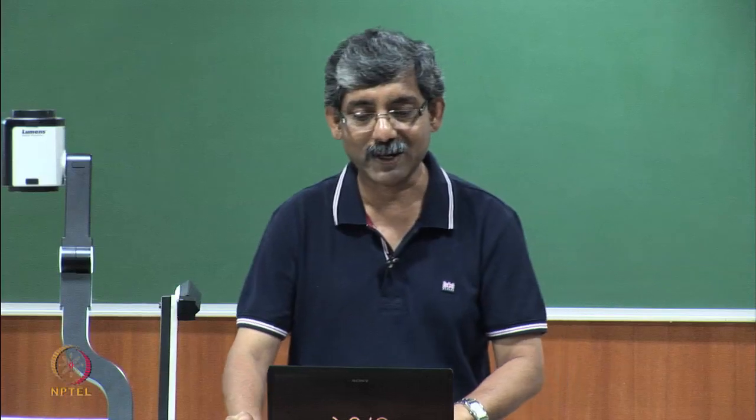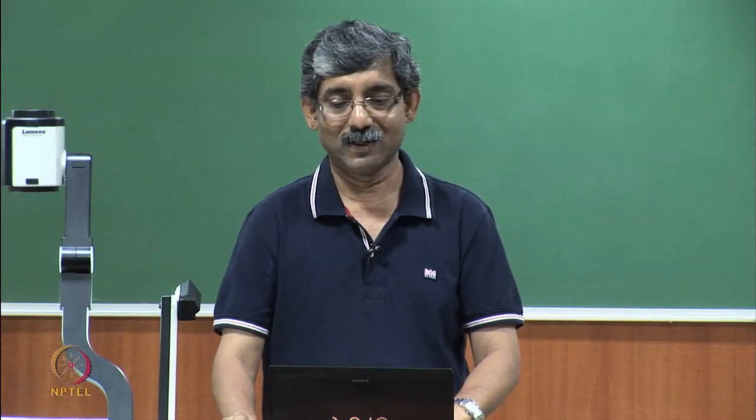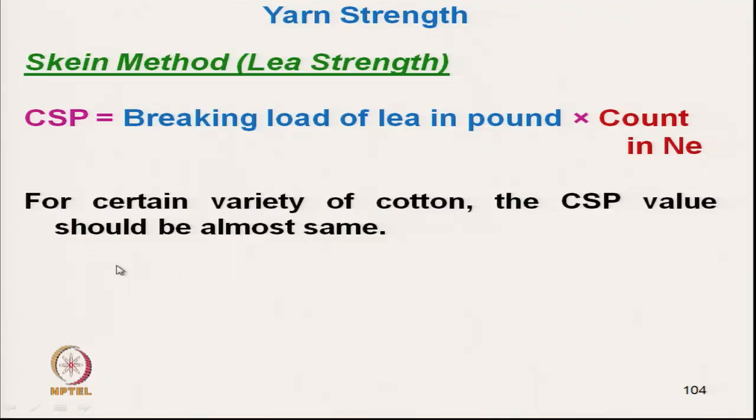So, for a certain variety of cotton the CSP value should be almost the same. One must understand the importance of CSP very carefully. It gives an indication of the performance of your machine. That is one aspect.